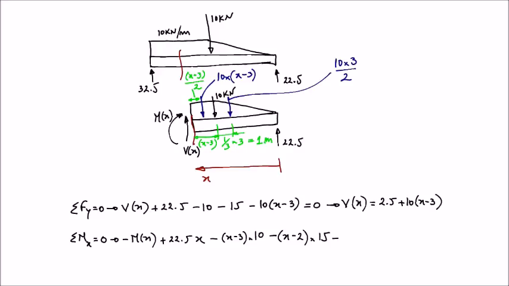I need the distance (x minus 3) over 2, and then I need to multiply this distance by the force, which is 10 times (x minus 3). And this is all I have, so this needs to be equal to 0 to be in equilibrium.